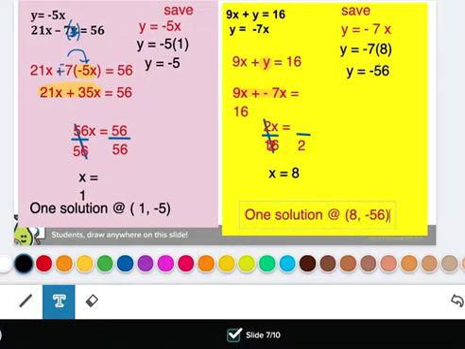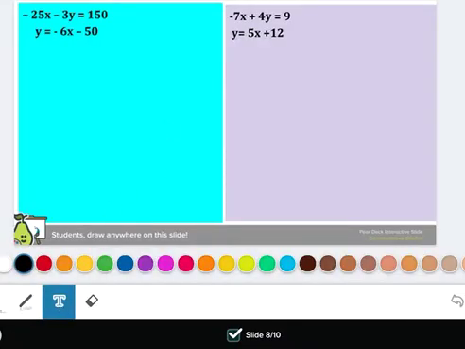So the next screen, how do you do that? On slide 8, if we get this far in your classes, you solve for y equals -6x minus 50. That's the easier of the two. Then you take that and the other equation, 3y... equals 150.